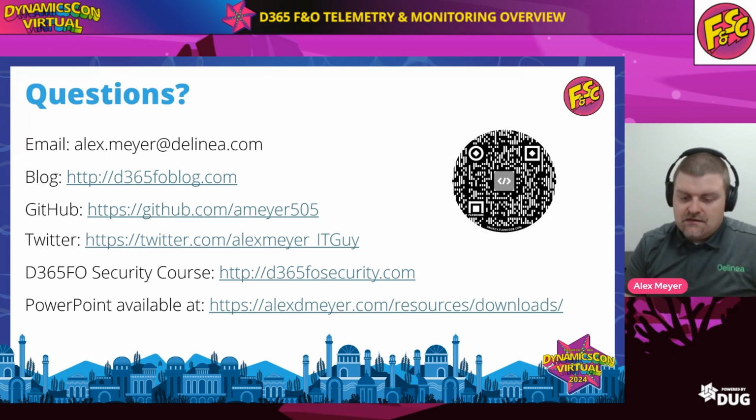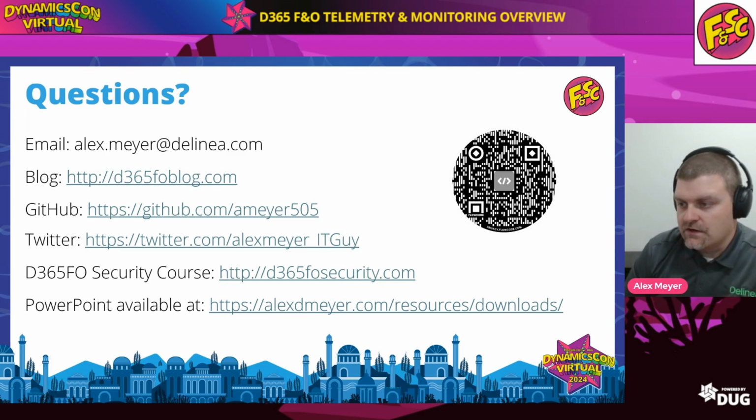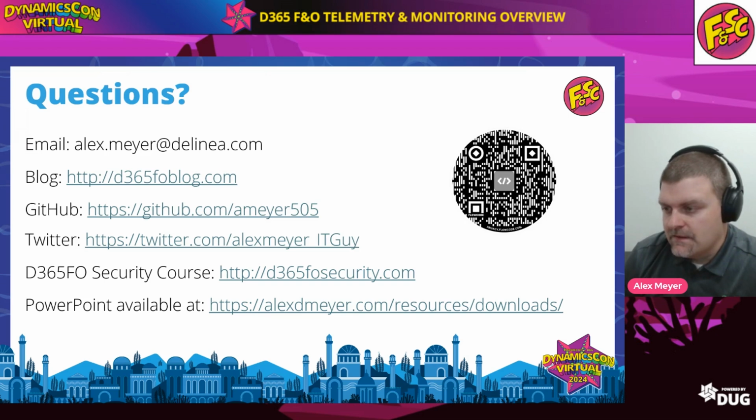The BC crew utilizes telemetry data much more extensively than anybody on the F&O side currently. They have a lot of really cool tools that they've built into the application already. So if you want to see where F&O could go, take a look at some of that functionality as well.